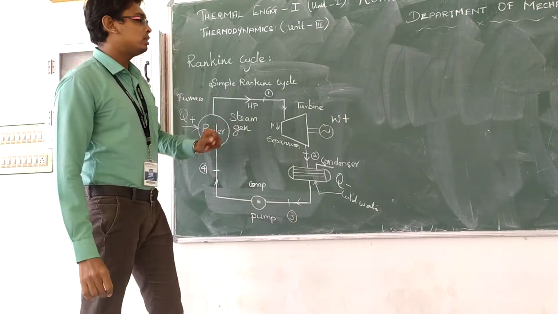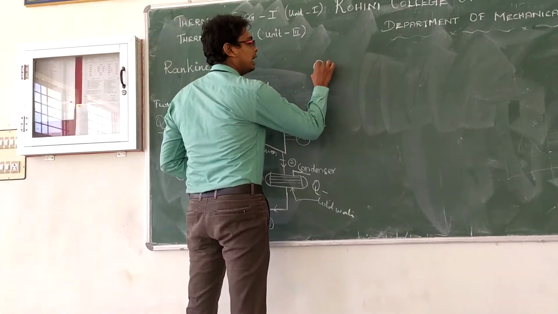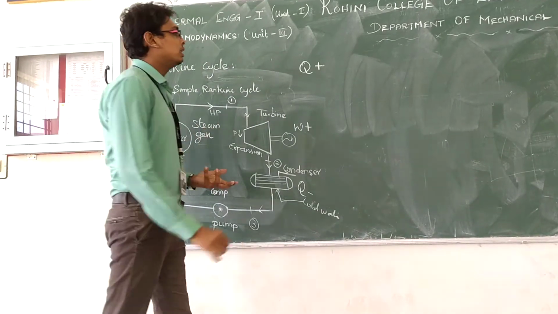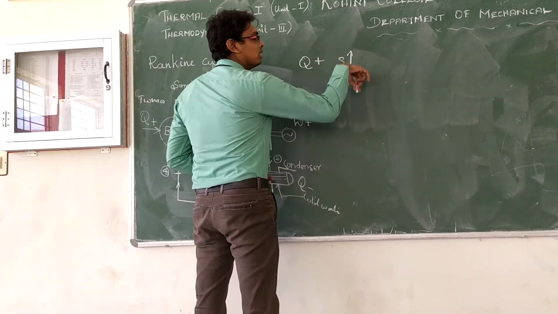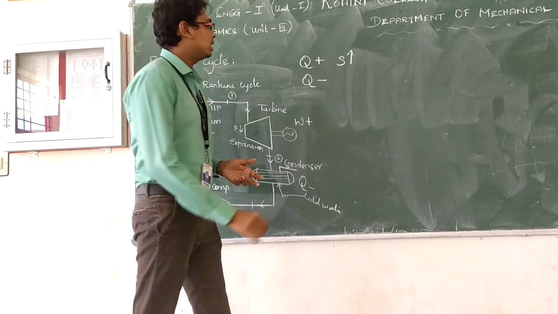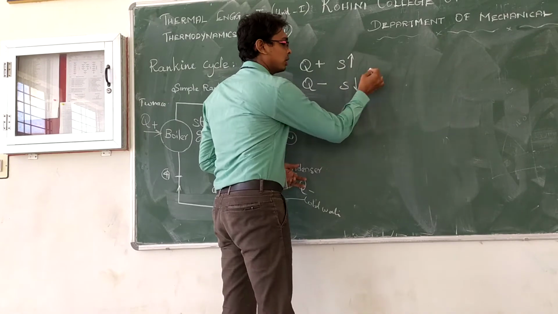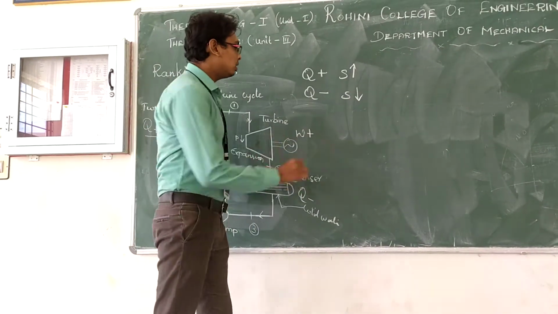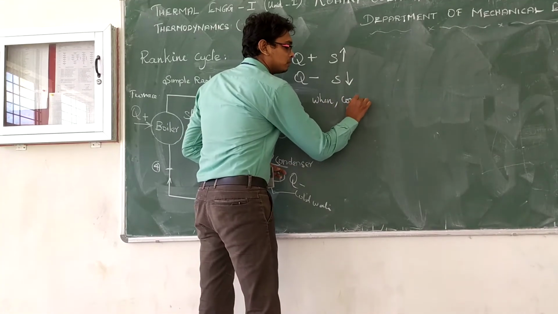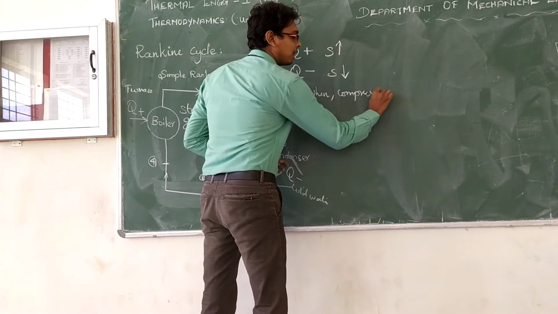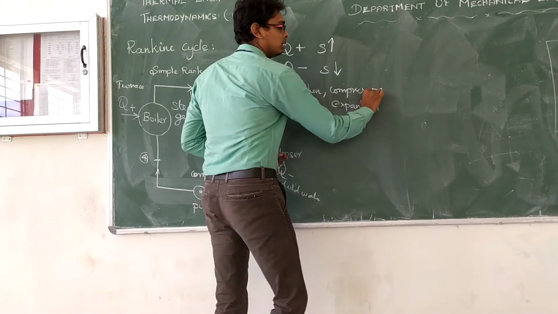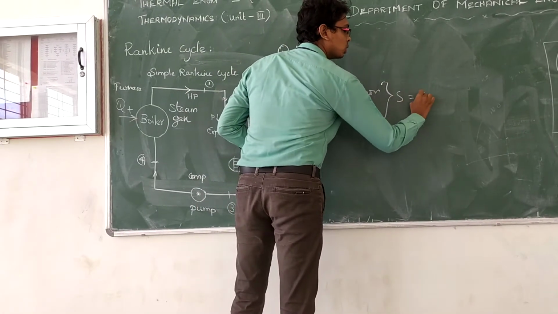So when you look at the basic concept, when you are adding heat to some element or gas, the entropy increases. When heat is rejected, the entropy decreases. And during compression and expansion, S is equal to constant.